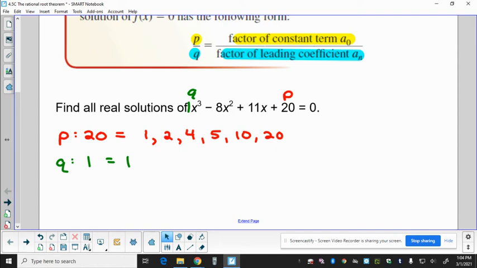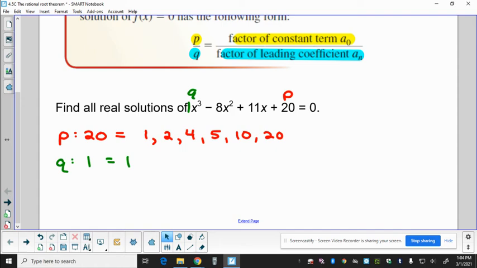Now here's where it becomes interesting. What we're going to try to do is make a list of all the possible rational numbers. So let's review what a rational number is again. It is a number that if it is converted into a decimal, it would be a terminating decimal, like 0.75, or a repeating decimal.